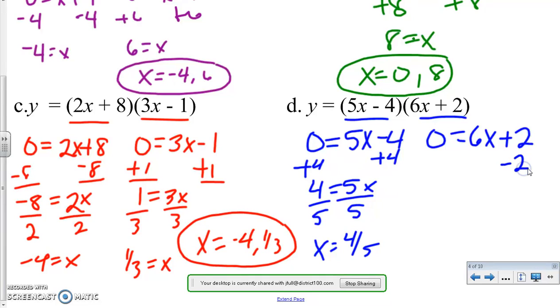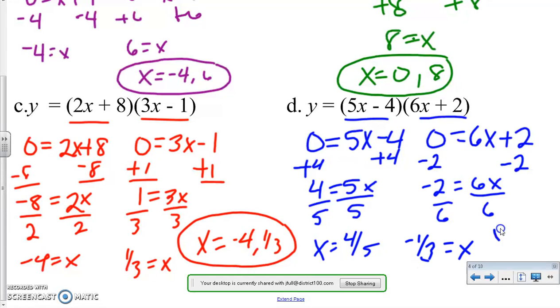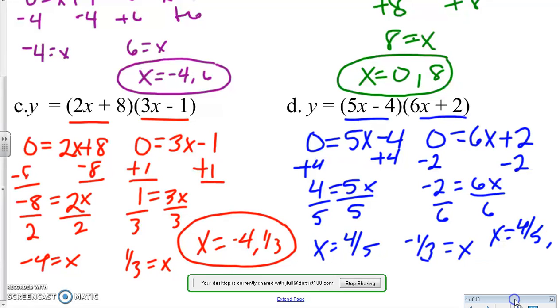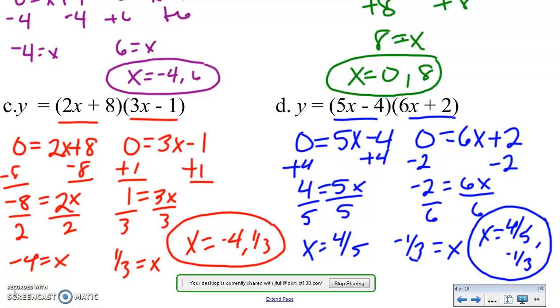Second one, subtract 2 from both sides. You get negative 2 equals 6x. If you divide by 6 on both sides, we can reduce it to get negative 1/3 equals x. So our final answer is 4/5 and negative 1/3.